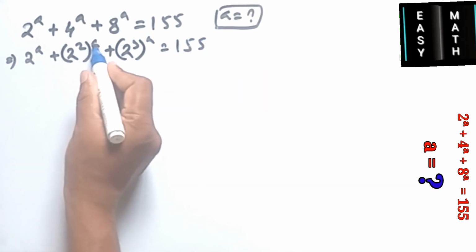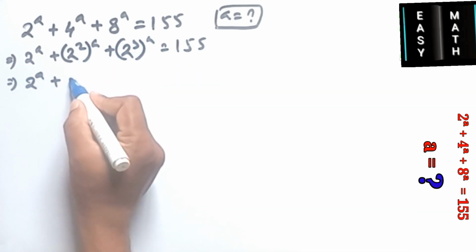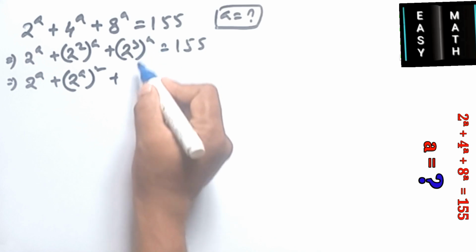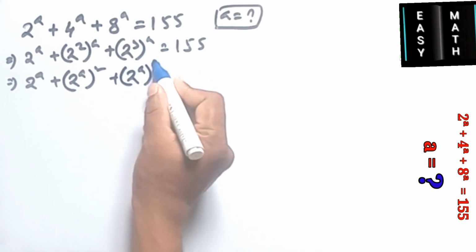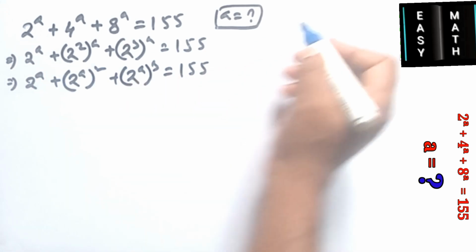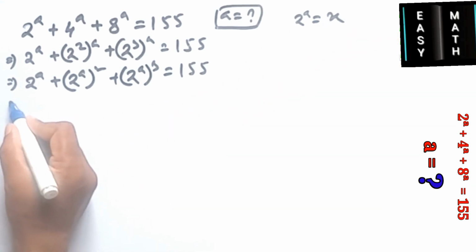And now interchange the powers, so 2 to the power a, interchange a is 2, and interchange the power 3 is 155, and 2 to the power a we take as x.